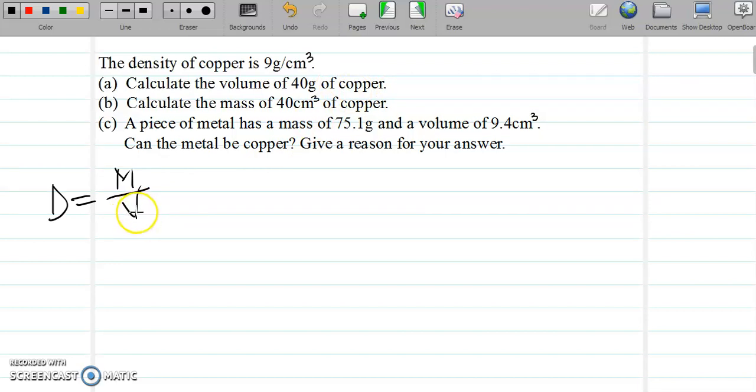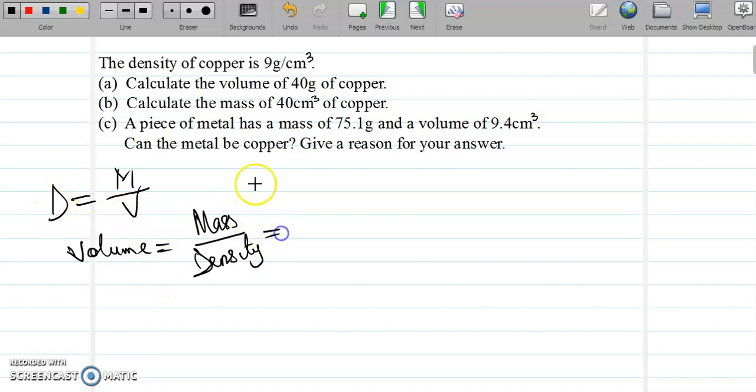For us to find the volume, the volume will simply be mass divided by density. Cross multiply. The mass is 40 grams, and density is 9 grams per cm cube.